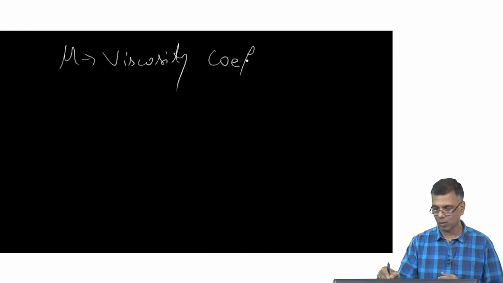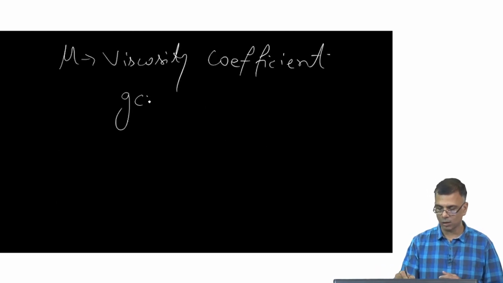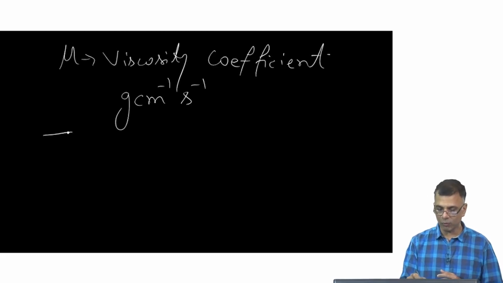Now, I figured I would say something a little off the mainstream of what we've been talking about. We've been talking about viscosity a lot, and so mu, which is the viscosity coefficient, which has units of, right, is an example of what's called a transport coefficient.